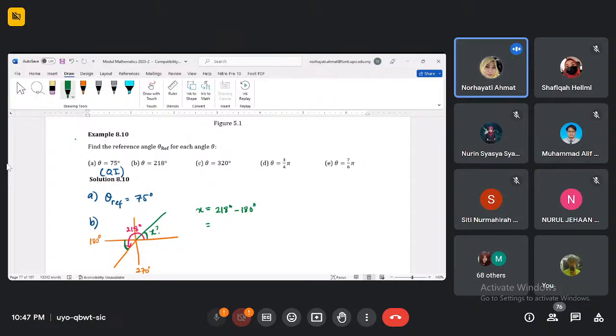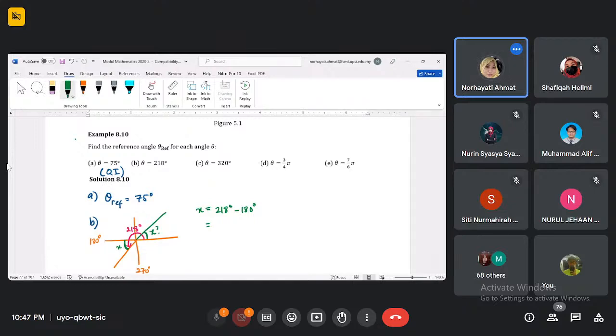Bersama bucu ni. Okay, this is X, sama juga. Alright? Nampak tak kelas? This one is X-axis, horizontal line. This is the line that share the same, kalau kita extend, so this is the line, green and orange. Okay, so this is X. Okay, so X is equal to 218 minus 180.